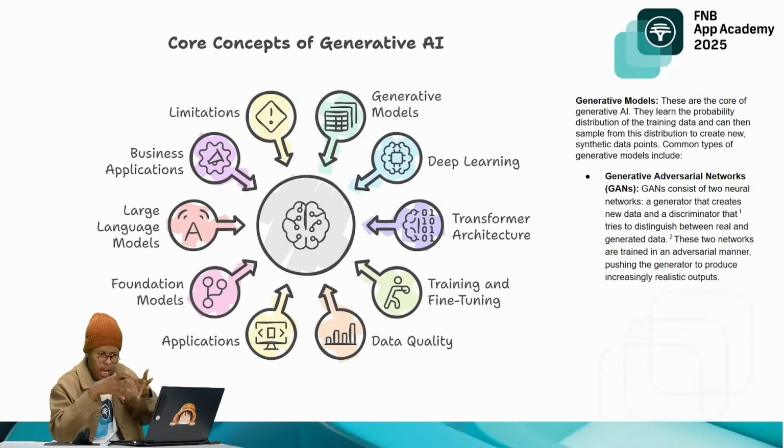Generative models are the core of generative AI. They learn the probability distribution of training data, and can then sample from those distributions to create something new. Okay, that's what we're also going to be doing as well.